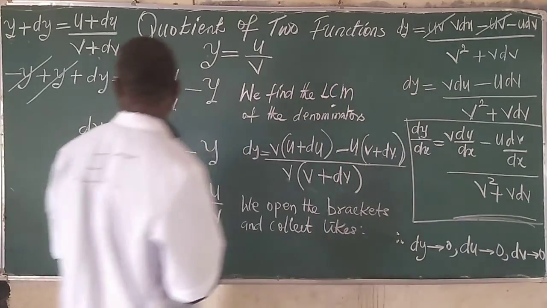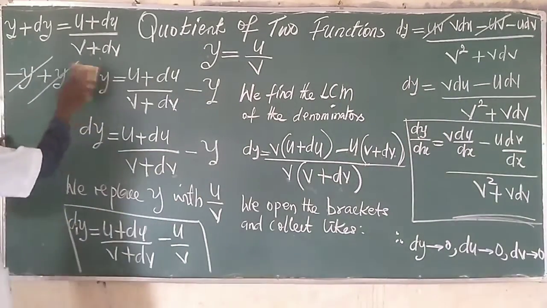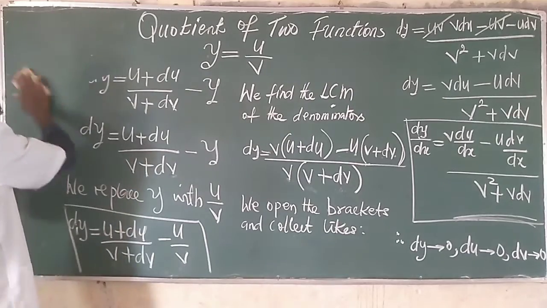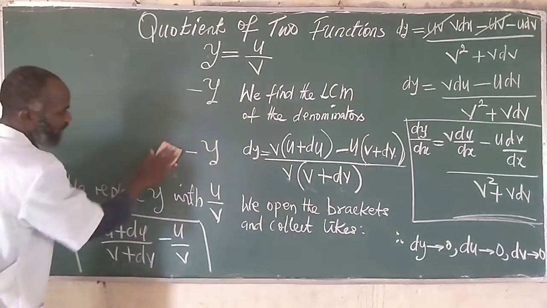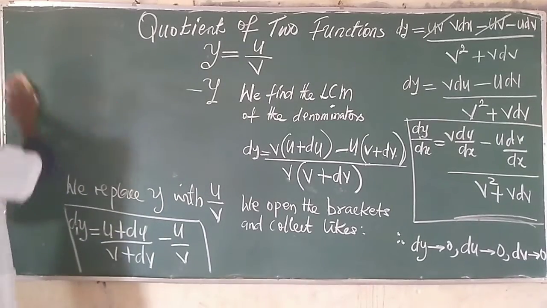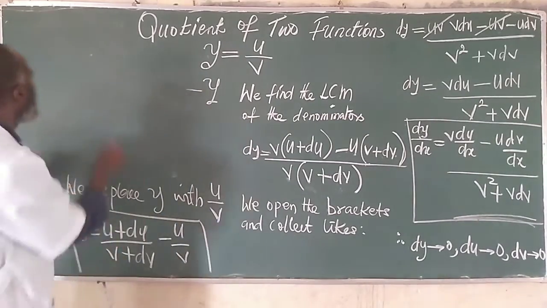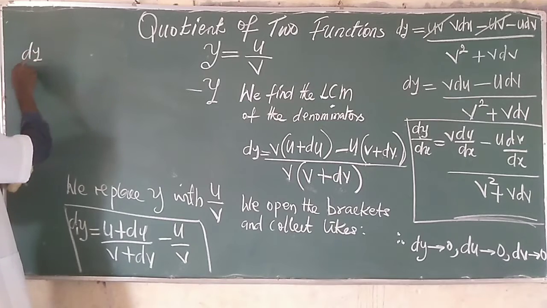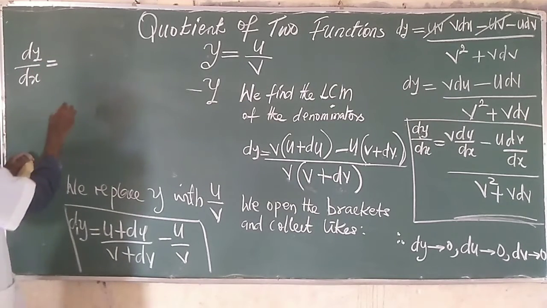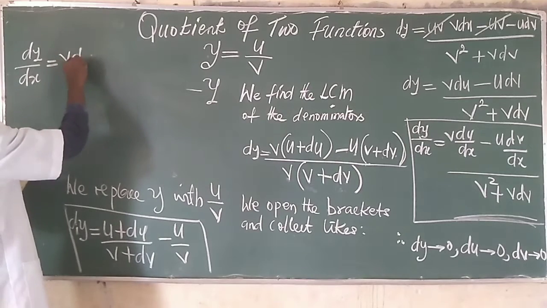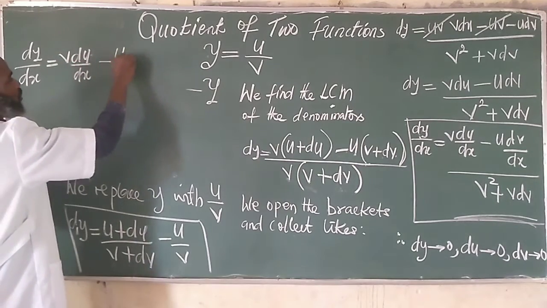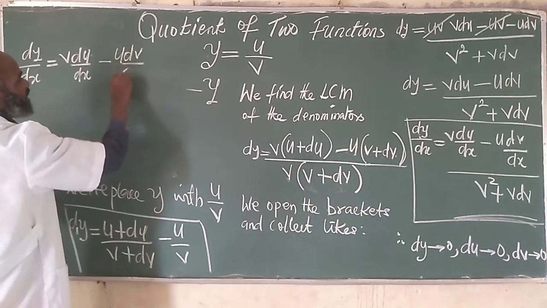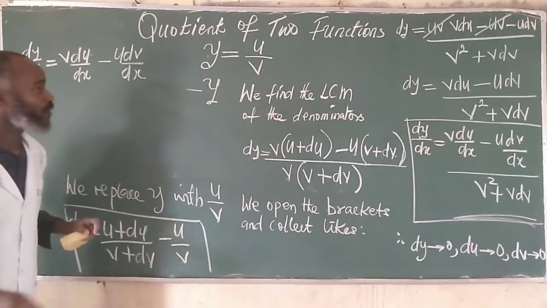So what do we do next? It means now we have understood this, we need to clear off this. Okay? We clear off this to have enough space. And we're going to have dy dx is equal to v du dx minus u dv dx, okay?